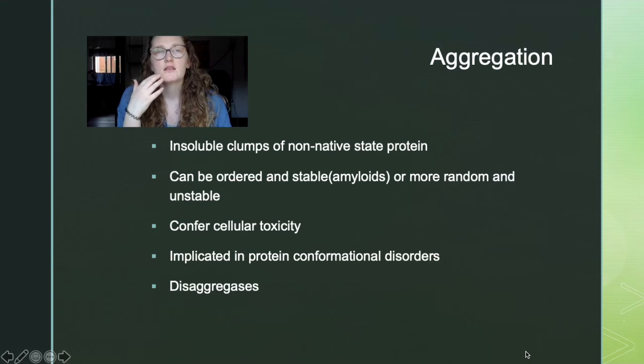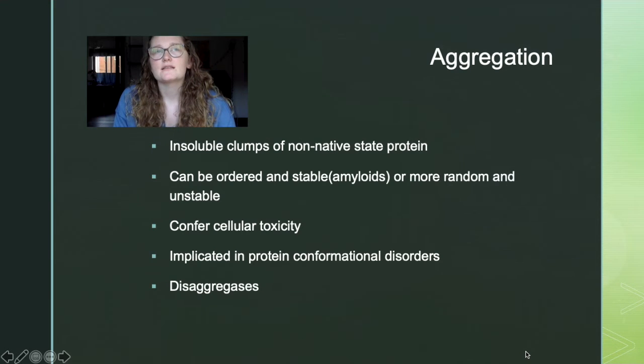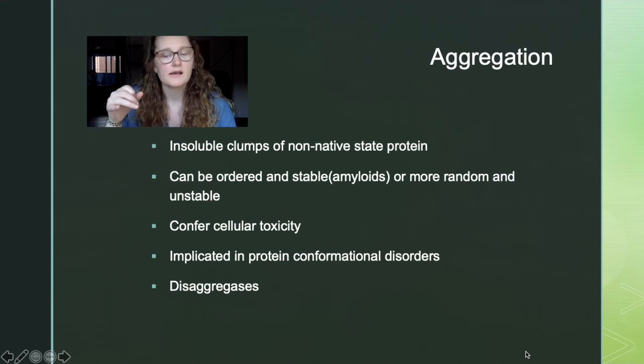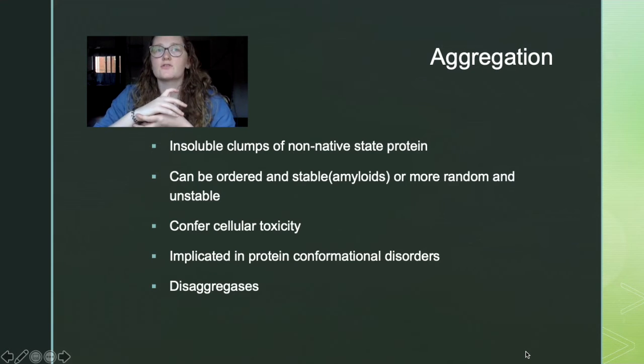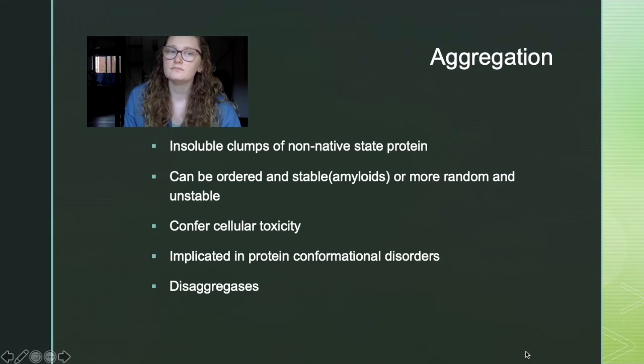They're not in the structure and the orientation that they like to be in. They have stretches that are exposed to the watery insides of the cell that don't like being in water. That's called hydrophobic. And so what happens is these non-native proteins, specifically those hydrophobic parts, flock together so that those hydrophobic parts that were exposed are now no longer exposed because they're in the middle of this giant clump of protein.